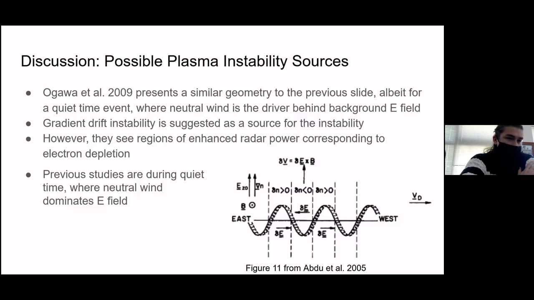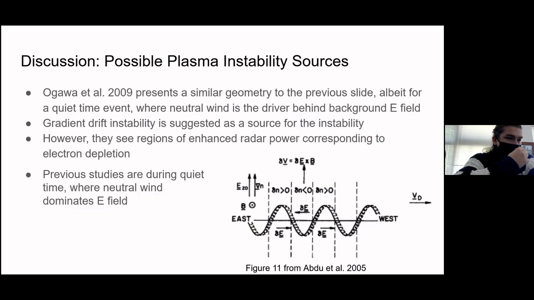So an explanation of the gradient drift instability is here. But basically, you need like a stronger overall electric field for this to be the case, or these vectors to be stronger. And still working on how all of this ties in, but hopefully the geometries will work themselves out here.